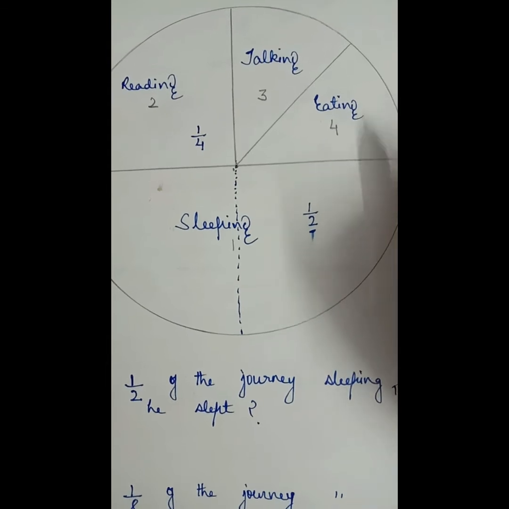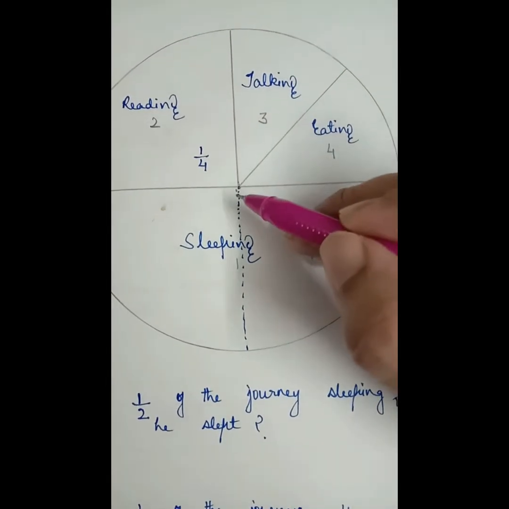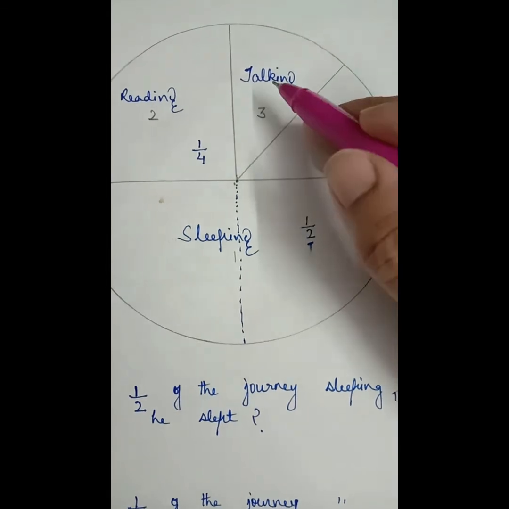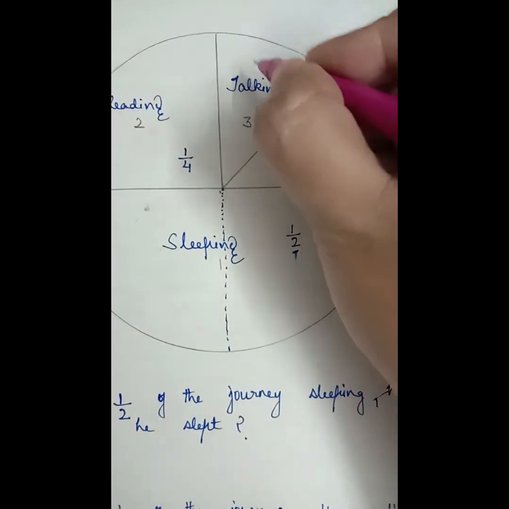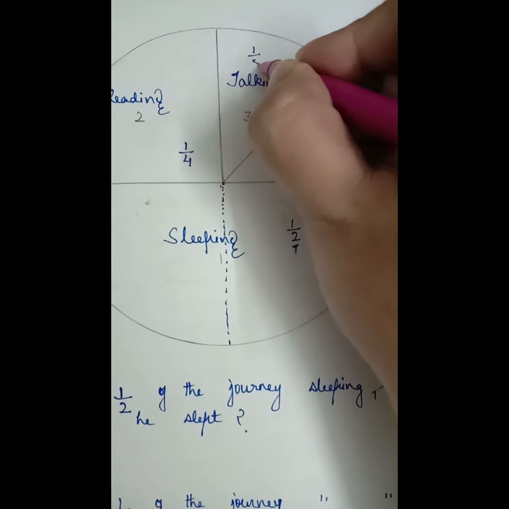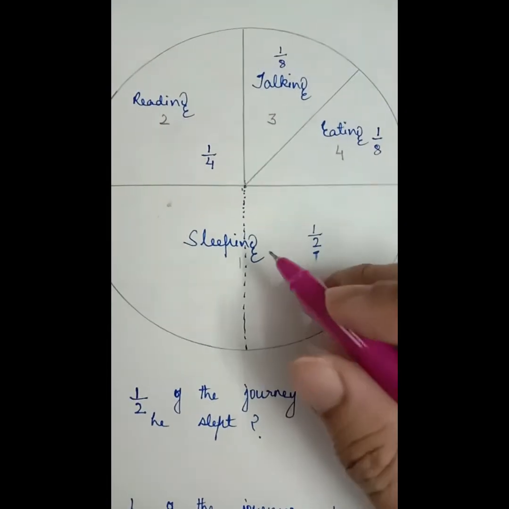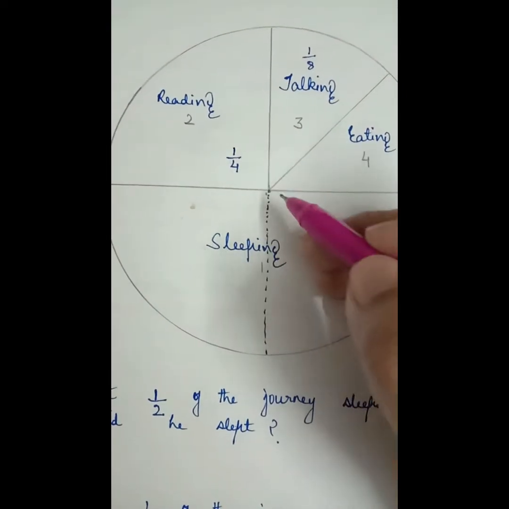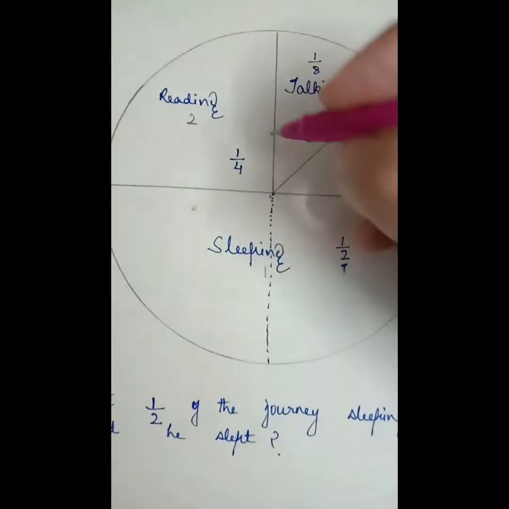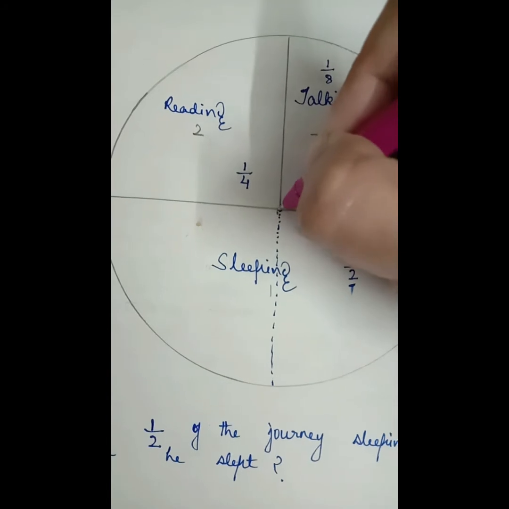A 1/4 part is further divided into 2 parts. It means now each part has become 1/8. If we divide every 4th part into 2 parts, let us divide and check.